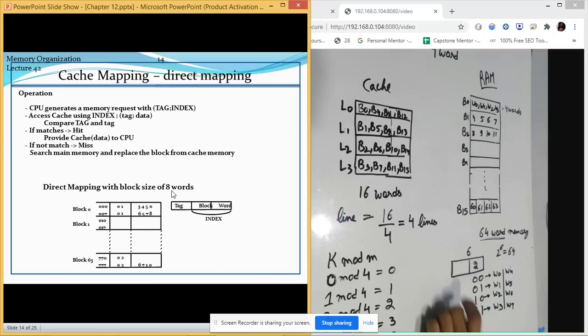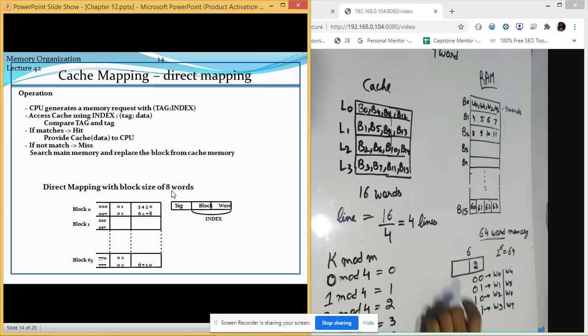So in your book conventions, we call this a word and this as your block, or sometimes we call it as block offset as well. It is known as block offset. So it is up to you how you want to represent. We are having different schemes for this.